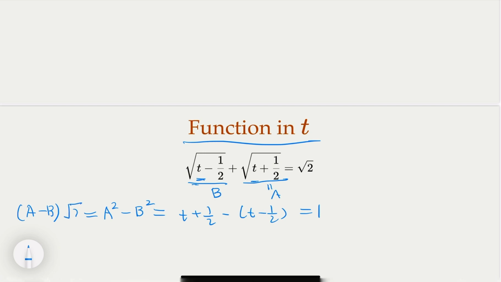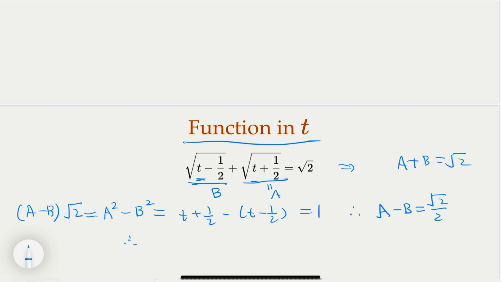So what you get is a minus b equals 1 over square root of 2. Now here of course we know that a plus b equals square root of 2. So what is a?